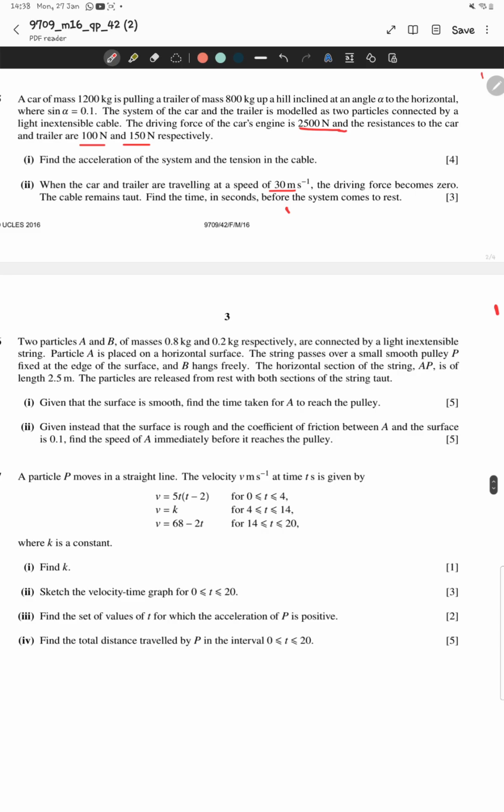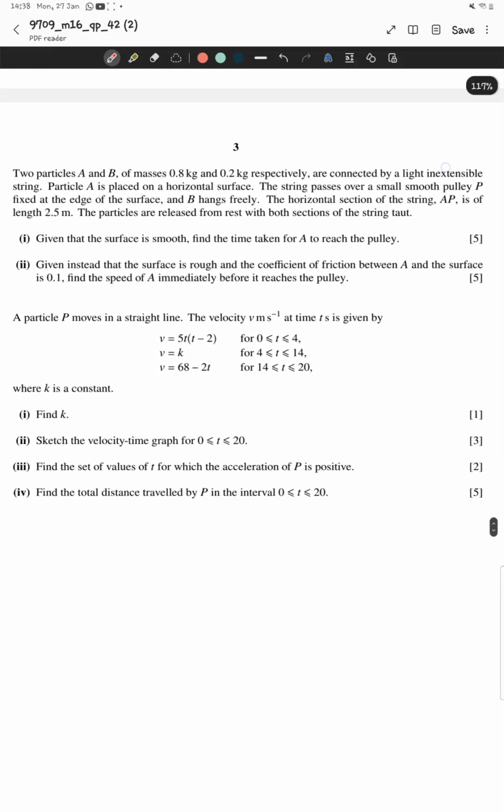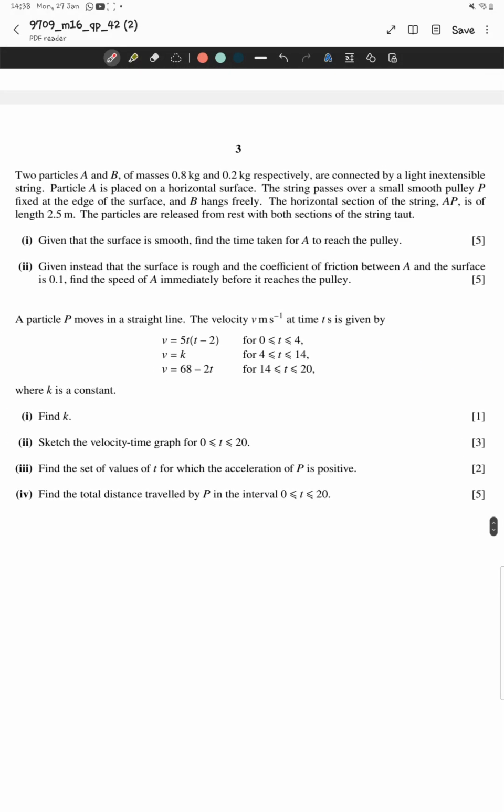All right. Two particles, this is question number 6. Two particles, A and B, of masses 0.8 and 0.2 respectively, are connected by a light inextensible string. Particle A is placed on a horizontal surface.